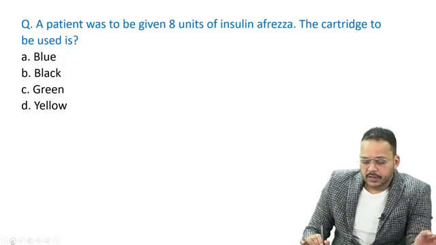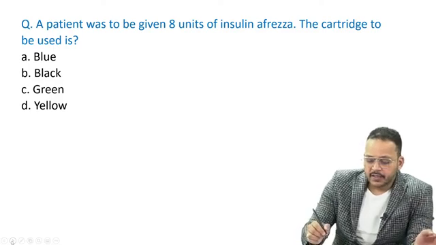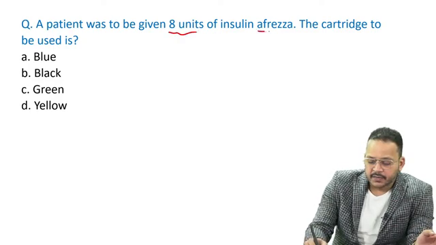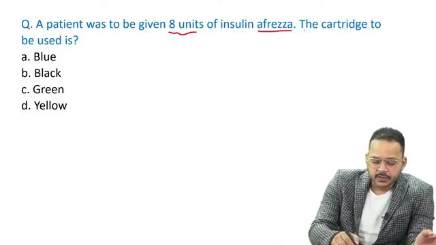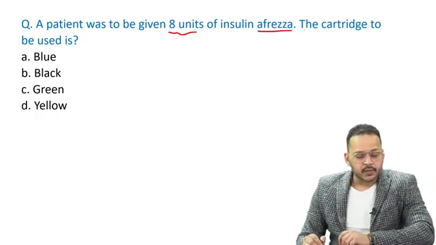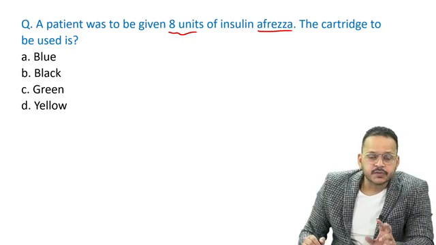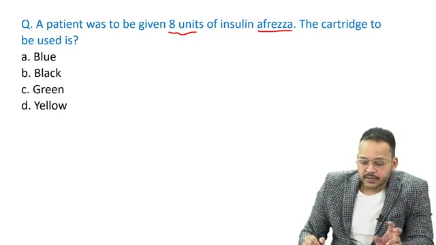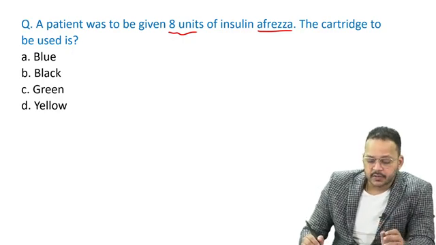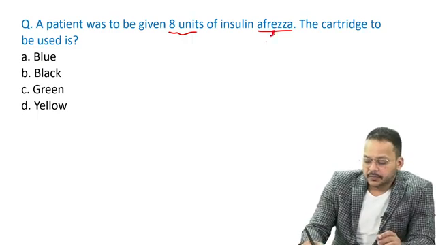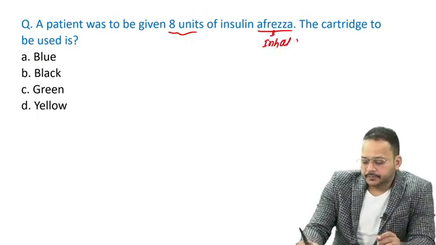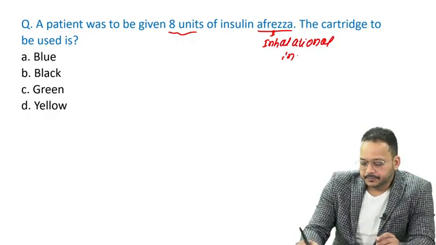Second question: a patient was to be given 8 units of insulin Afrezza. The cartridge to be used is blue, black, green, or yellow? Sooner or later, they will ask you MCQs on Afrezza, the inhalational insulin.